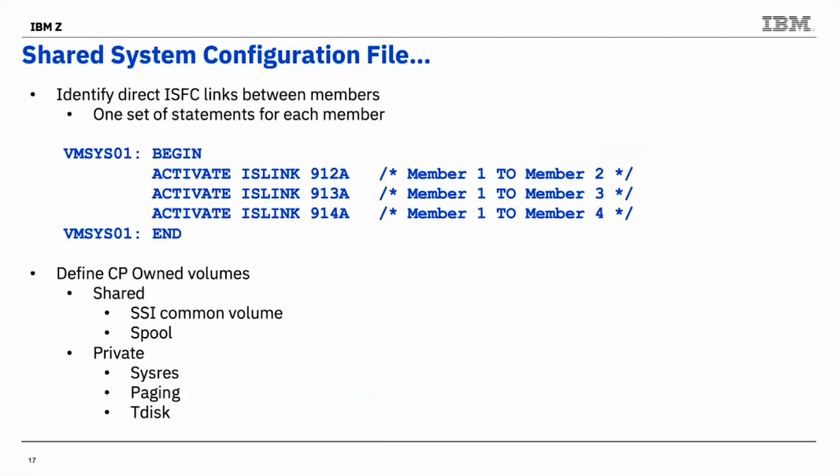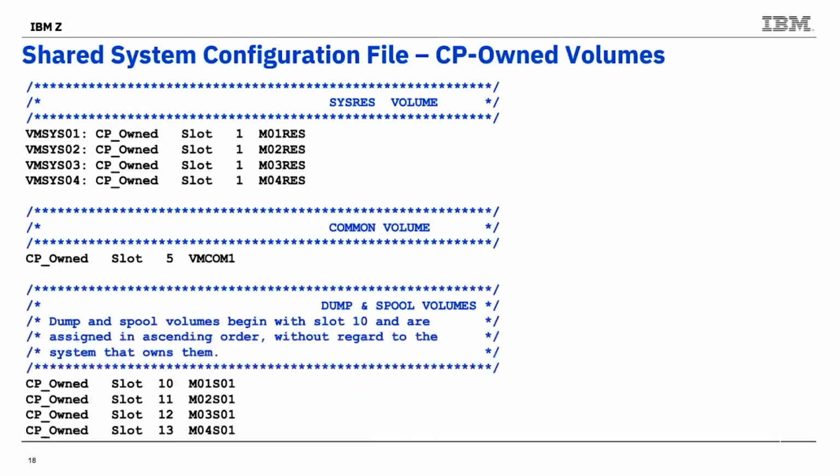And it defines CTC connections to each other member of the cluster, so to members 2, 3, and 4. Right? Of course, we also define our CP-owned volumes, be they shared or private, as per our usual system config practice, and we'll look at that in a little more detail here now.